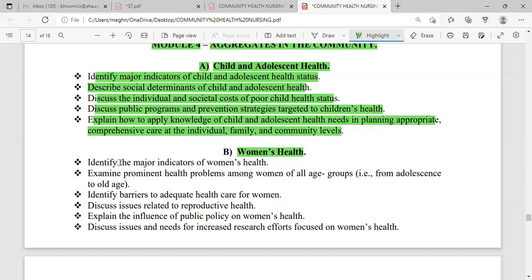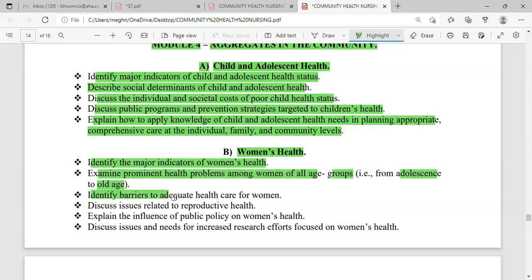Women's health. Identify the major indicators of women's health. Examine prominent health problems among women of all age groups, right? Like adolescents, even old age.